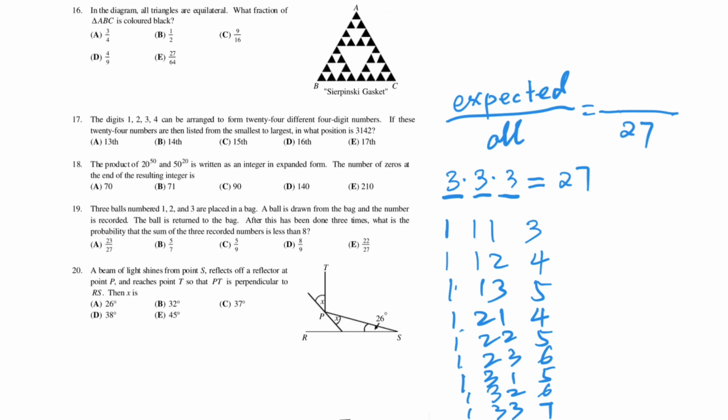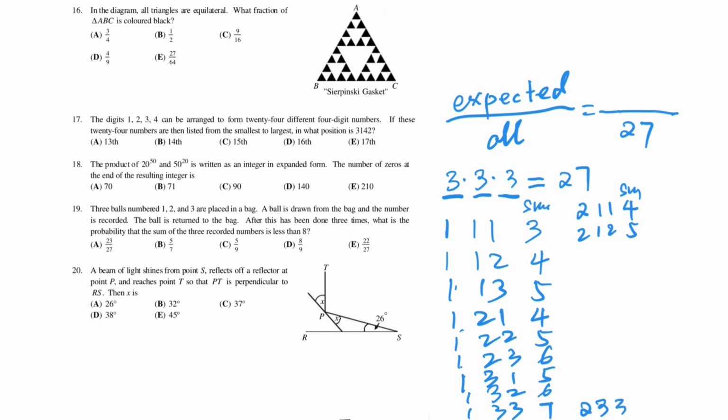And start with 2. We have 2, 1, 1. That's a sum of 4. So this column is the sum. 2, 1, 2, that's 5. So we can see they continue on. What's the largest one? It is 2, 3, 3. I think that's the biggest, 2, 3, 3.